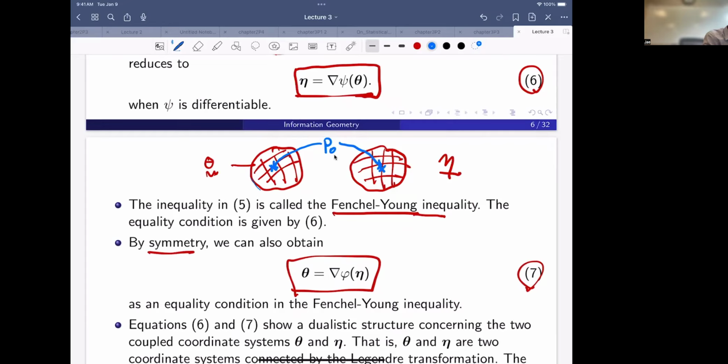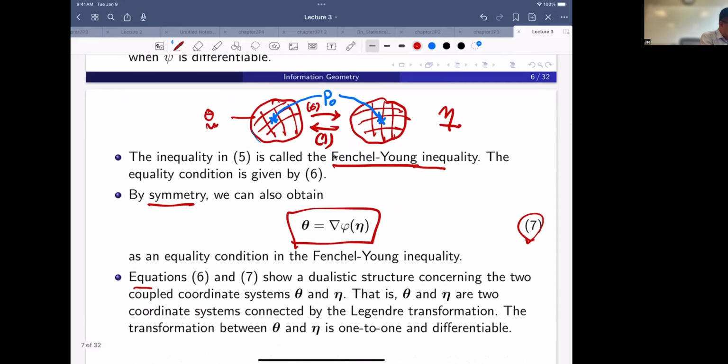Then there should be a formula for a bridge, right? How do we translate from one language to another language? Equation 6 translates from theta to eta, and equation 7 translates from eta to theta.